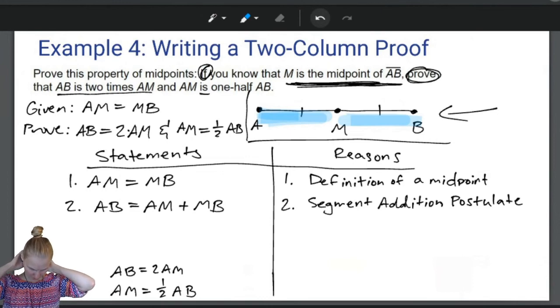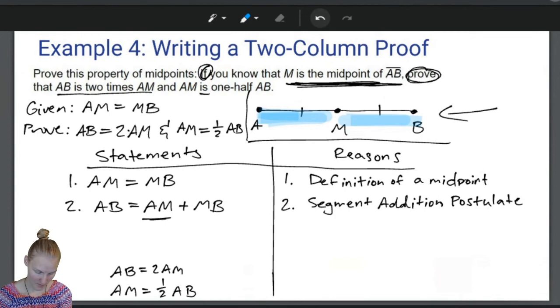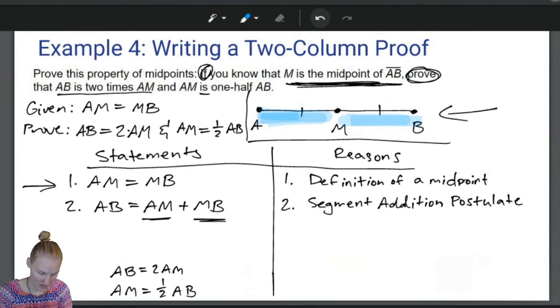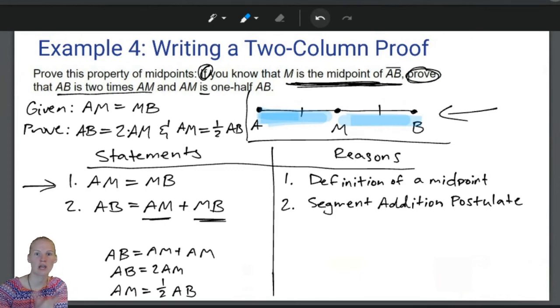Okay, so now what? Let me see if I can use this. AM plus MB. Now, I haven't used my given yet. AM is the same as MB. Oh, wait a minute. I wanted to show that AB is equal to 2AM. That's the same thing as AB equal to AM plus AM, right? 2 AMs is just AM plus AM.